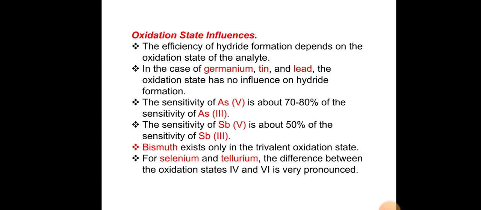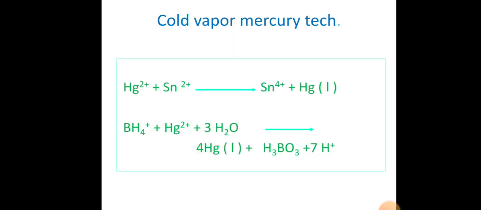For selenium and tellurium, the difference between the oxidation states 4 and 6 is very pronounced. So we always should convert selenium and tellurium to oxidation state 4, because this oxidation state has much higher sensitivity. So we should be careful about oxidation states in the hydride generation technique.